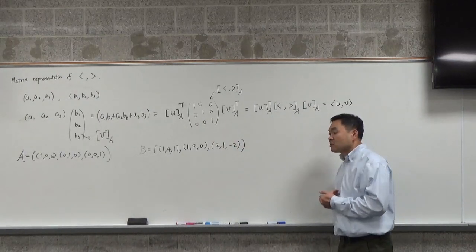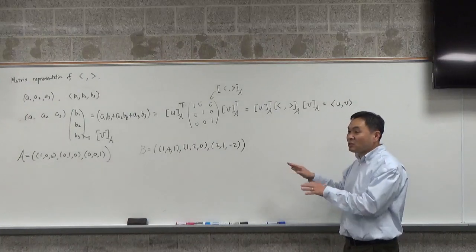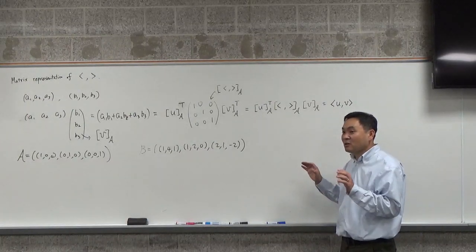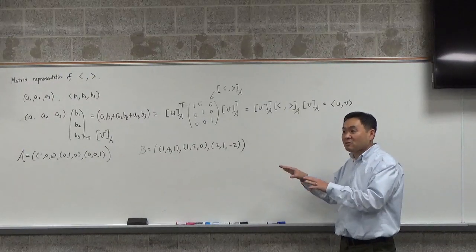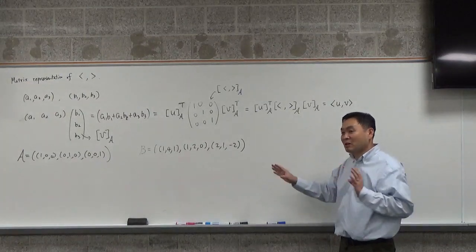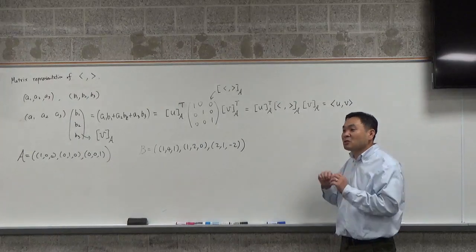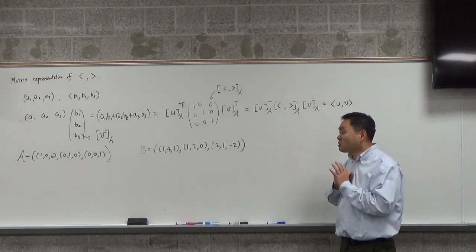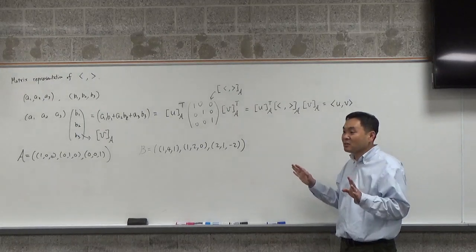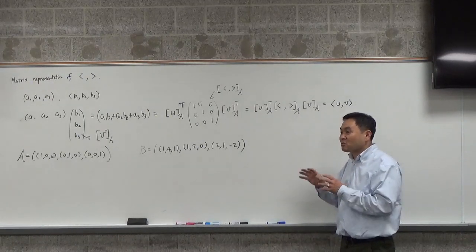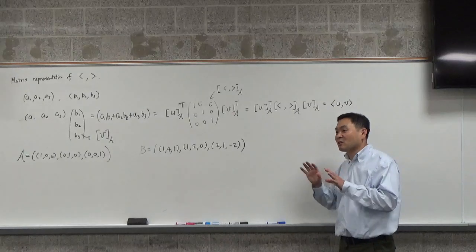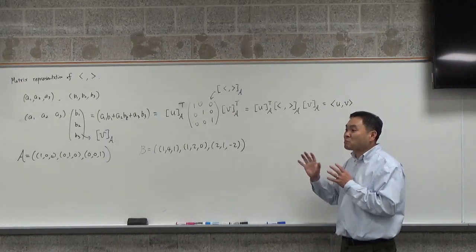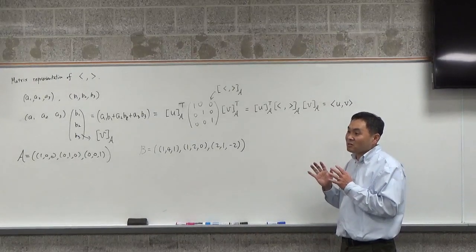Okay? But in order to do that, you first have to approach the vector space as if you can come up with some basis on your own, but you don't even know how to measure the size, and you don't even know what to put for the inner product. Okay? And then once you start to define one and another one, one by one, then you look for the properties that you want.